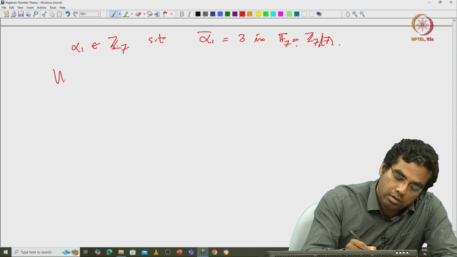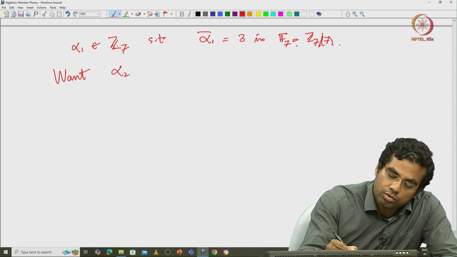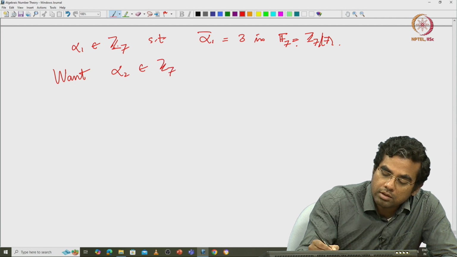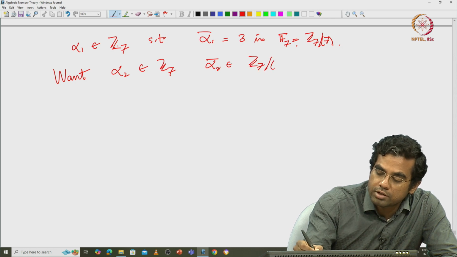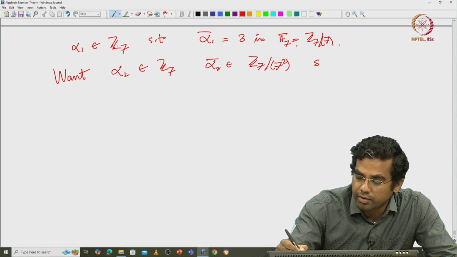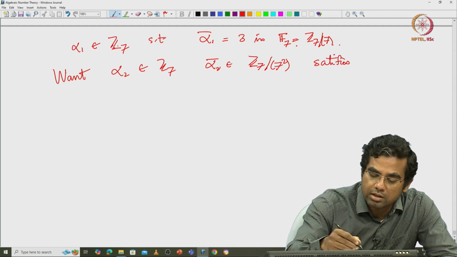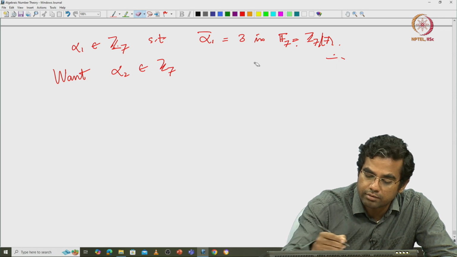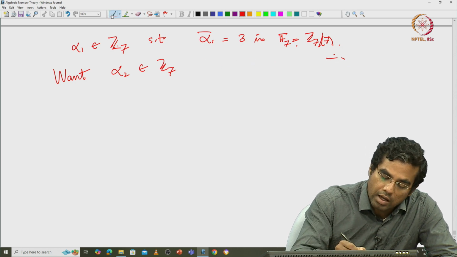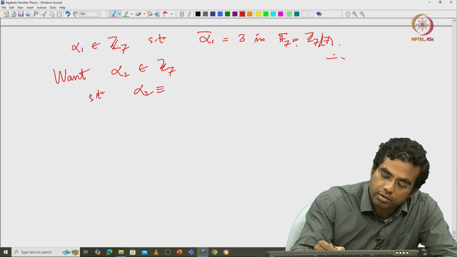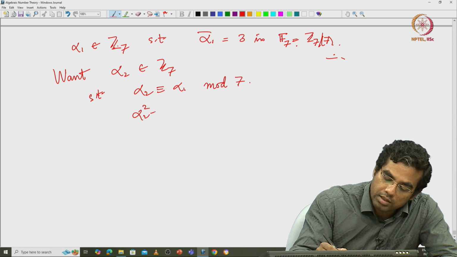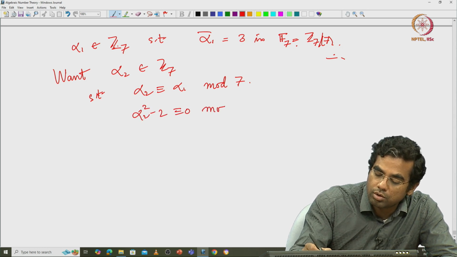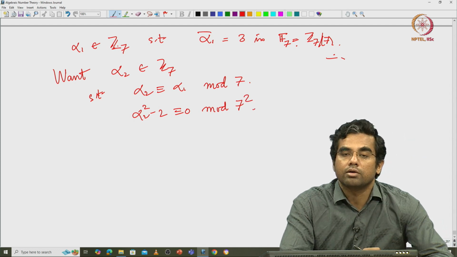Now, I want alpha 2 in Z_7 such that, let me not write it in terms of bars because that would be confusing, alpha 2 is congruent to alpha 1 mod 7 and alpha 2 squared minus 2 is congruent to 0 mod 7 squared. So, that is what I want.